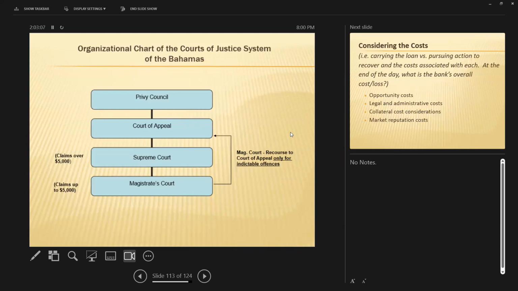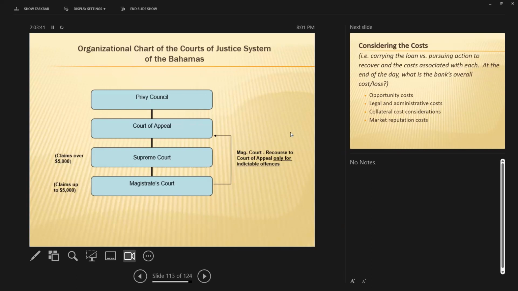Here is the organization chart of the courts of justice system in the Bahamas. I'll come back to those paragraphs. I just want to highlight that we start off in the magistrate's court for any claims up to $5,000.